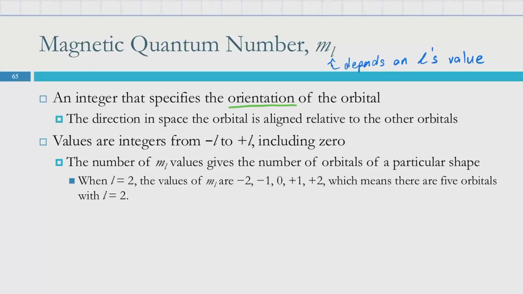And our values here range from negative L to positive L, and this includes 0. And again, it's integers, so we're not doing decimals, we're not doing fractions. And the number of m sub L values gives the number of orbitals of a particular shape.